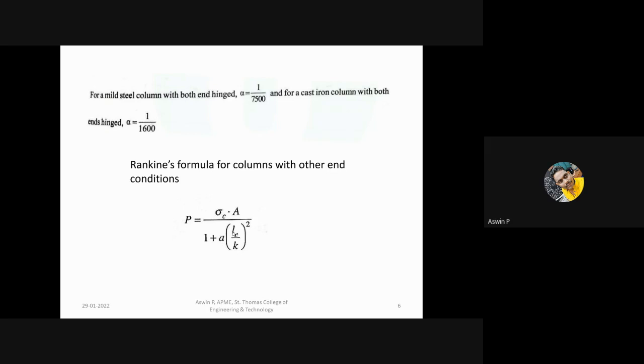No need of writing another equation because in the previous case we have used the same equation. So whenever we are doing a problem, we need to consider the end conditions.